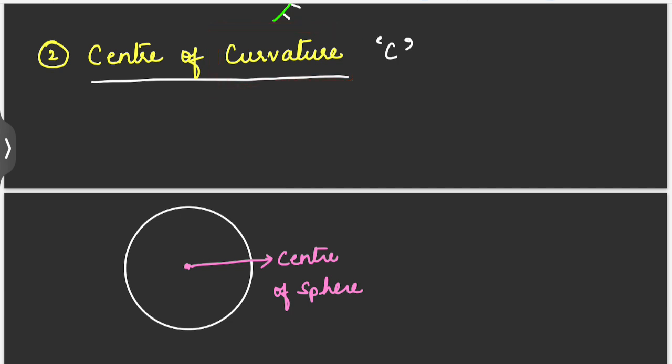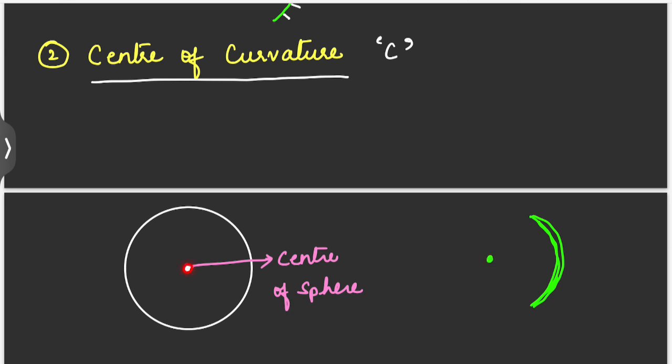To get the center of curvature, what we are going to do is take a part of this sphere. A thin part we are going to cut and separate out. Now this is the spherical mirror that we have cut and separated out, and this center is nothing but this one.